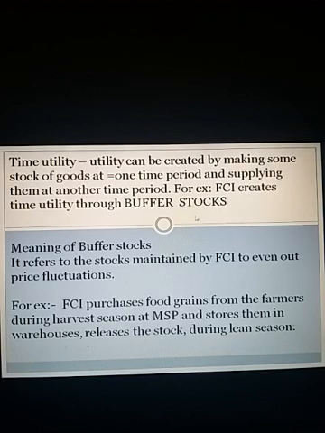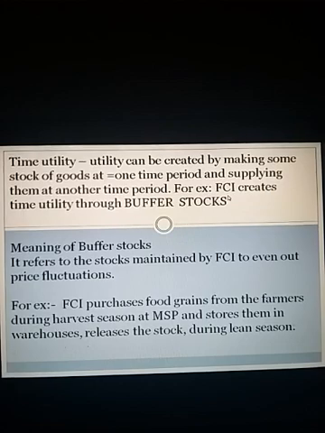Now a question arises: sir, what is the difference between a normal trader and FCI? See, FCI comes to the rescue of the farmers at times of harvest when sufficient goods are available and supply is high. Obviously, the price falls. When the price falls, the farmers incur loss and may not get even the cost of production.